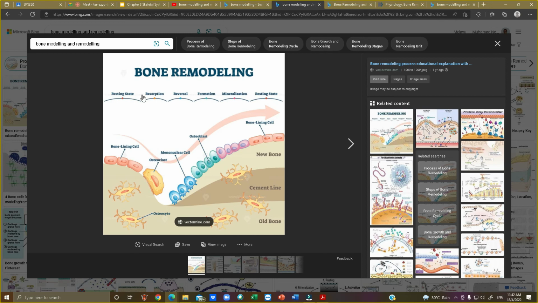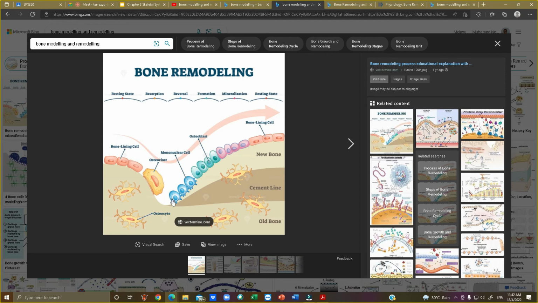Okay, and then by resorption, there will secreted all those minerals, and these minerals with a combination of osteoblast, they will undergo a reversal process, and a new bone lining cell will be formed by osteoblast, and this bone lining cell will undergo mineralization process, and it will become a new bone.